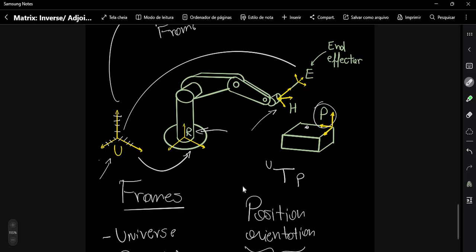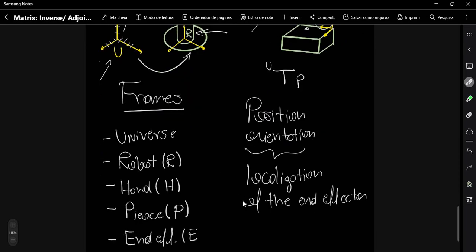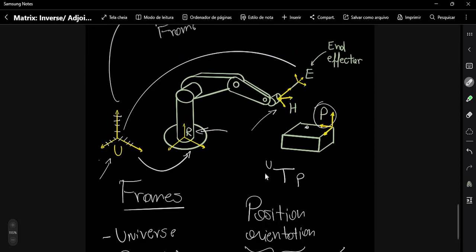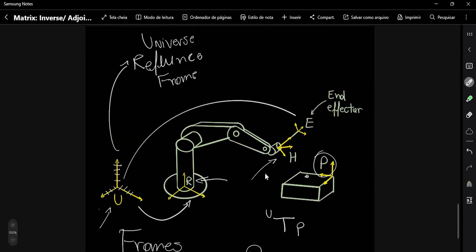So again, the position and orientation of the end effector. And end effector means the end of the task, whereas this tool attached on the end effector is going to be localized on the end of the task.